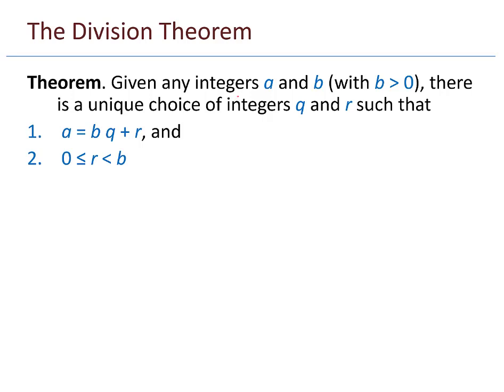Given any integers a and b, and we will assume b is greater than 0, there is a unique choice of integers q and r such that, so first of all, a equals bq plus r, and r is greater than or equal to 0 and strictly less than b. Q is really short for quotient, and r represents the remainder.